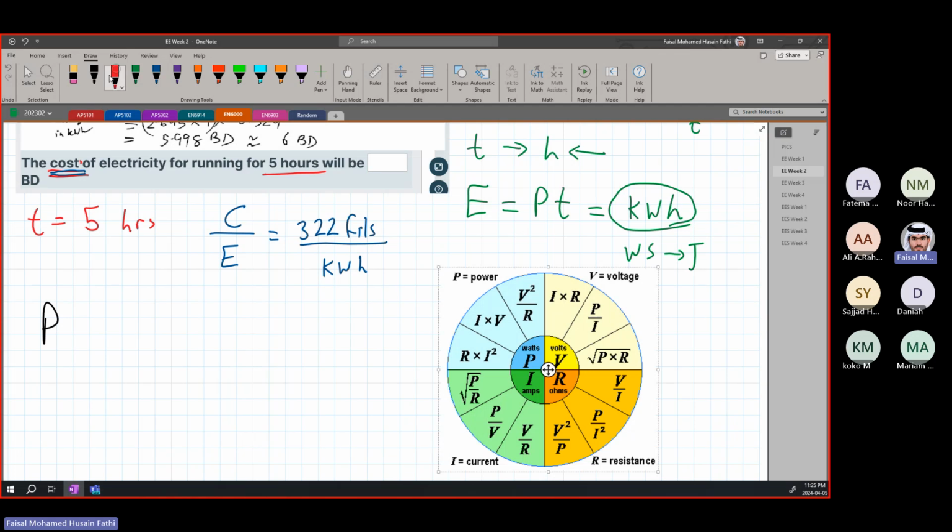We have V and we have R, and we want to find power, so we will use this equation.